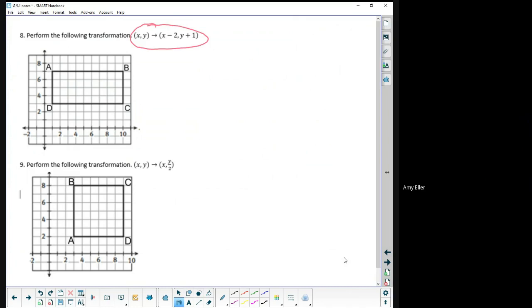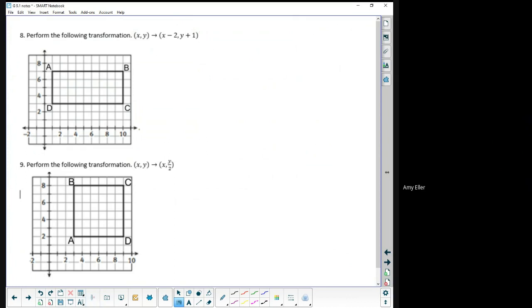Left 2, up 1. I agree. Do we need to write out all of the points? No, we don't have to write out all the coordinates. We can just simply move it 2 in the negative x direction, so this way 2, and 1 in the y direction, so up 1.